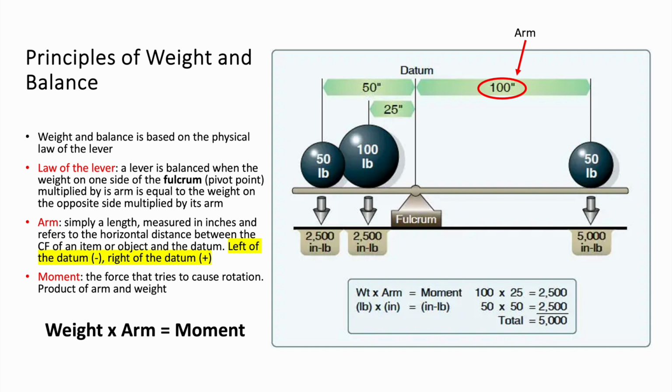Weight and balance is based off of something called the law of the lever. That's saying that a lever is balanced on the fulcrum, and a force or weight is multiplied by the distance to that fulcrum, and this distance is called the arm. So arm is the distance between the fulcrum and that weight or force.